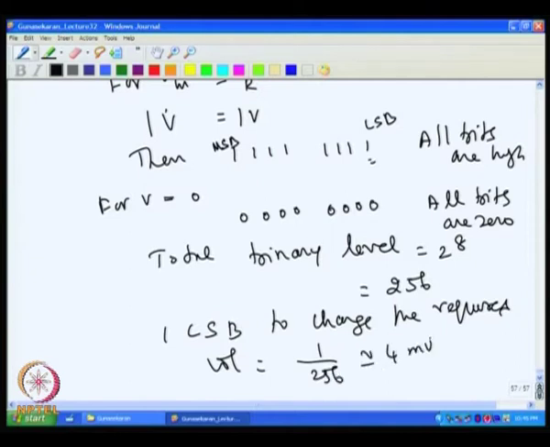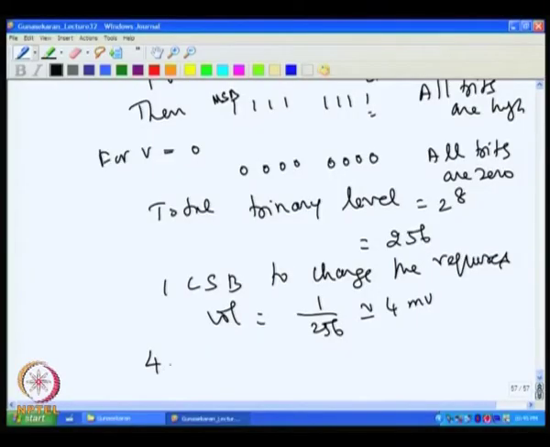So, for every 4 millivolt roughly you will have 1 LSB change. The other way around, if the input is 4 millivolt, the corresponding digital output would be only the last bit coming high. Like that we can have a digital output corresponding to the analog input.